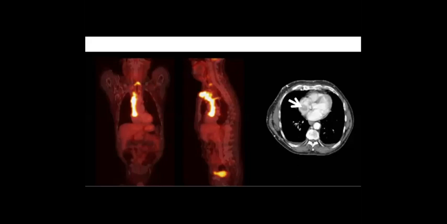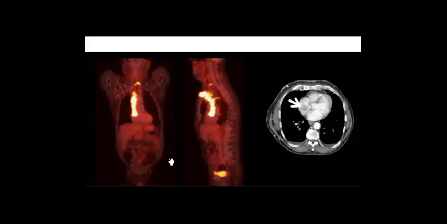Then the discussion here will be about this PET-CT, and you know that for thyroid cancer, the main modality they use is iodine, or technetium. So why do we show PET-CT here?